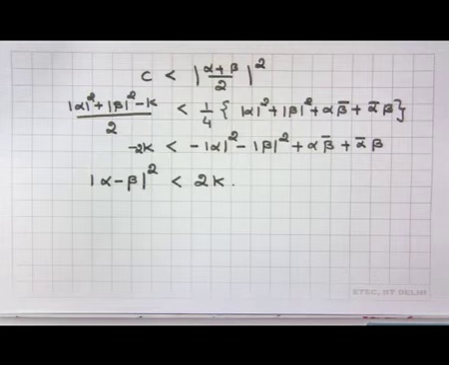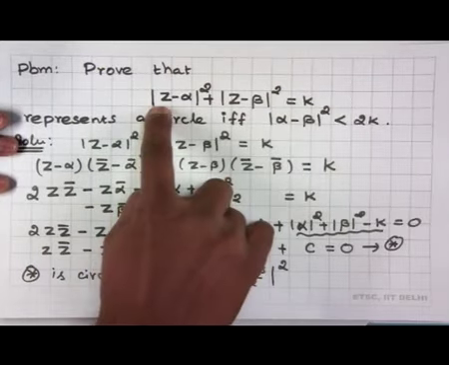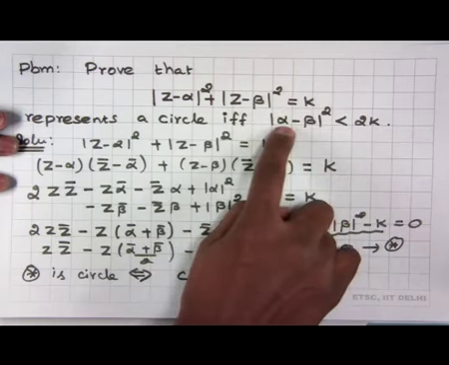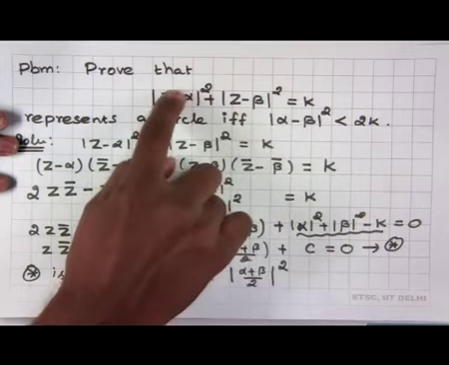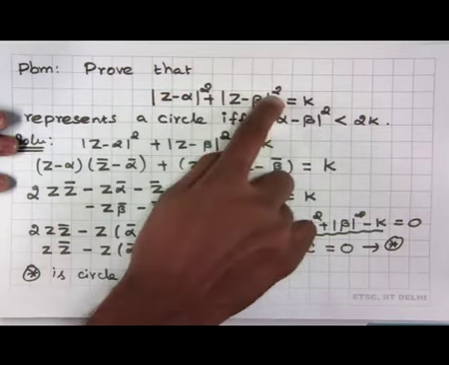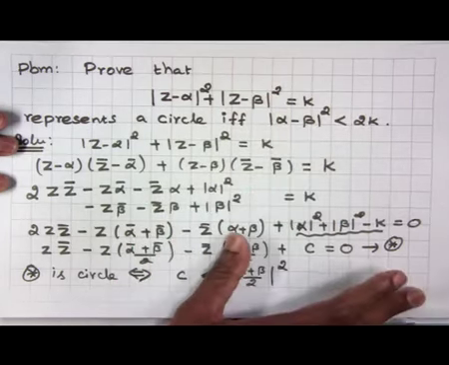So this concludes the desired result: whenever z satisfies this equation and the constants α, β, k satisfy this, then we get a circle, and whenever we get a circle by this equation, then α, β, k should satisfy this condition.